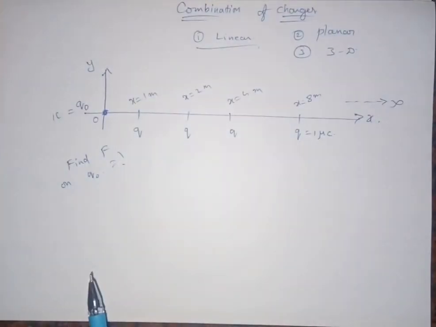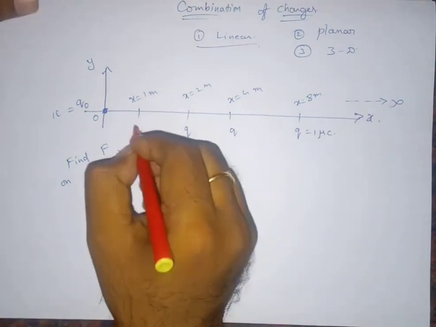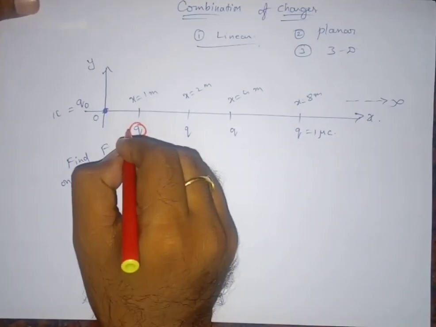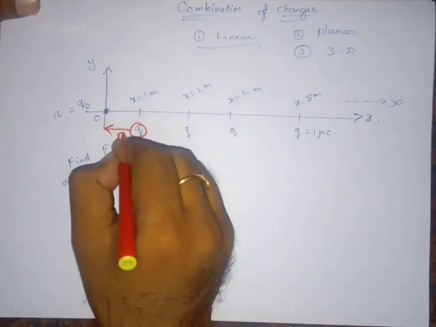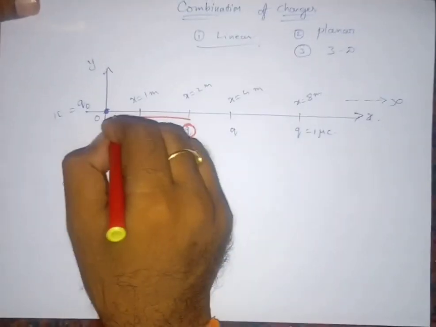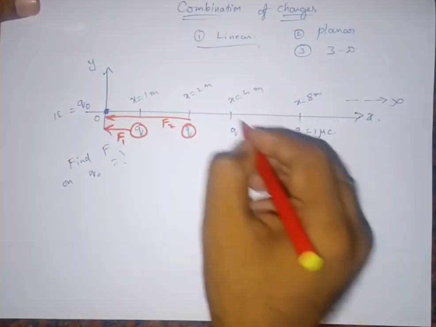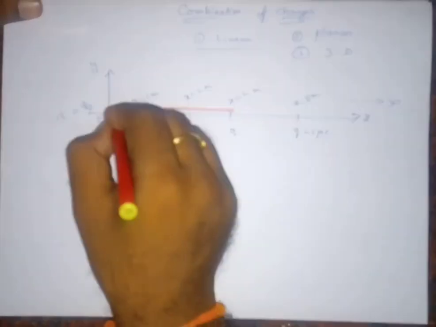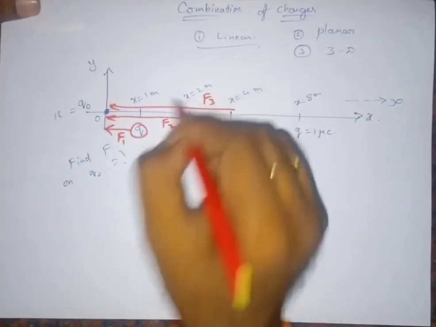Now, who exerts force on Q0? Each and every charge is going to exert force on Q0. This one is going to repel it by a force of F1, this one by a force of F2, this one by a force of F3.